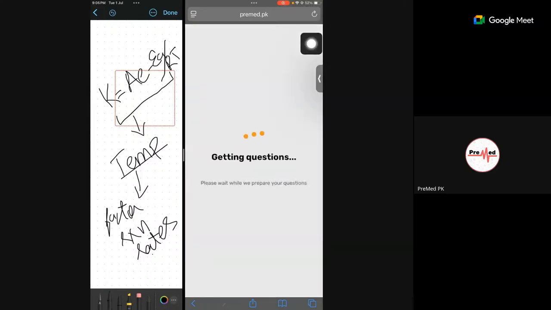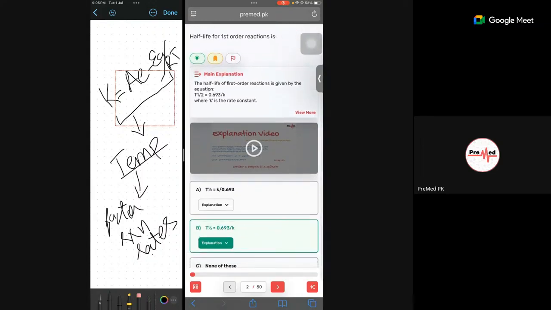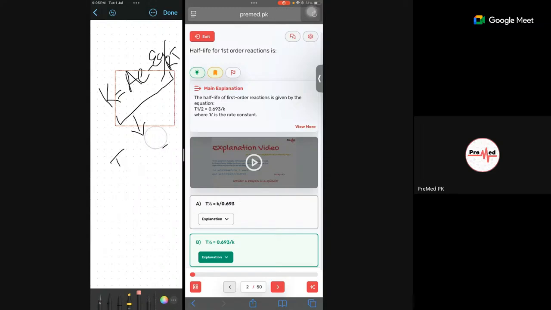Next, while it's loading, we'll go on with our next MCQ: the half-life for a first order reaction is. We have some reaction orders: zero order reaction, first order, second order, third order, and fractional and pseudo first order reactions.